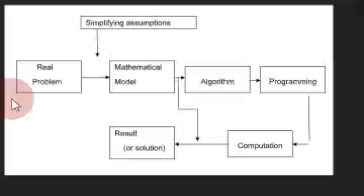If you look at this picture here, this is kind of an overview to show how we are going to learn this little piece, right? In this course, numerical analysis, how does it fit into a bigger picture for scientific research? Suppose we have a real problem or physical model we are going to study.